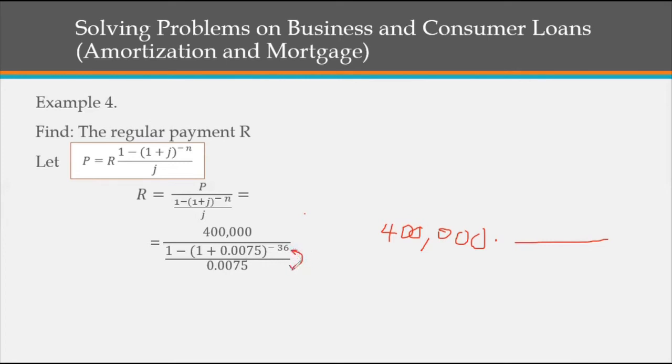So, 0.0075 times or divide 1 minus 1 plus 0.0075 raised to negative 36.